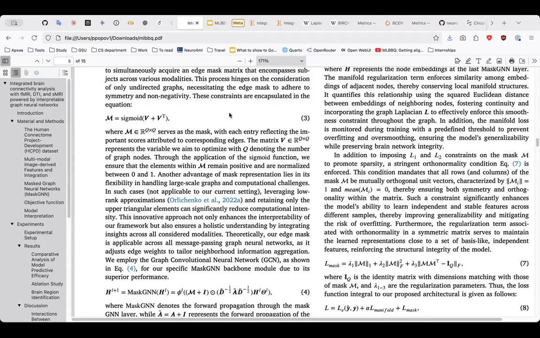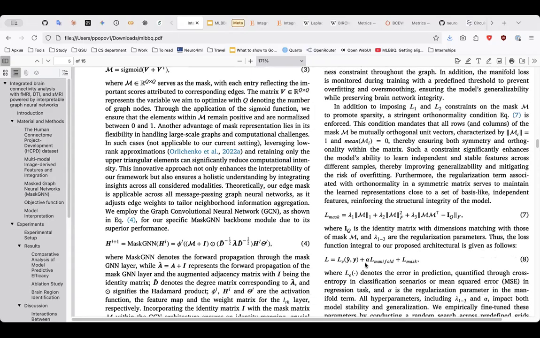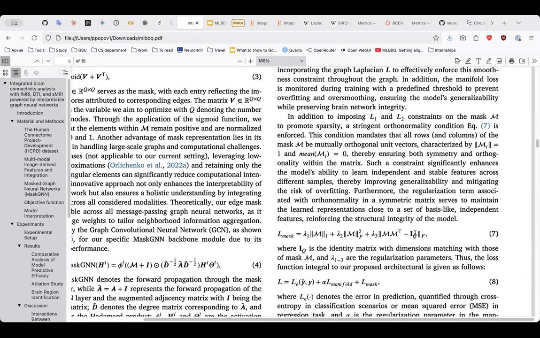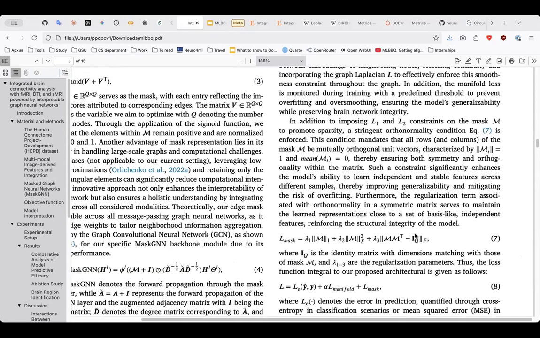I'm trying to interpret equation 7. So I think for the part 3, why they're doing M times M transpose minus I, because if they're both orthogonal matrices, M times M transpose would be the identity. So they set that to 0. So I think they minimize that part.